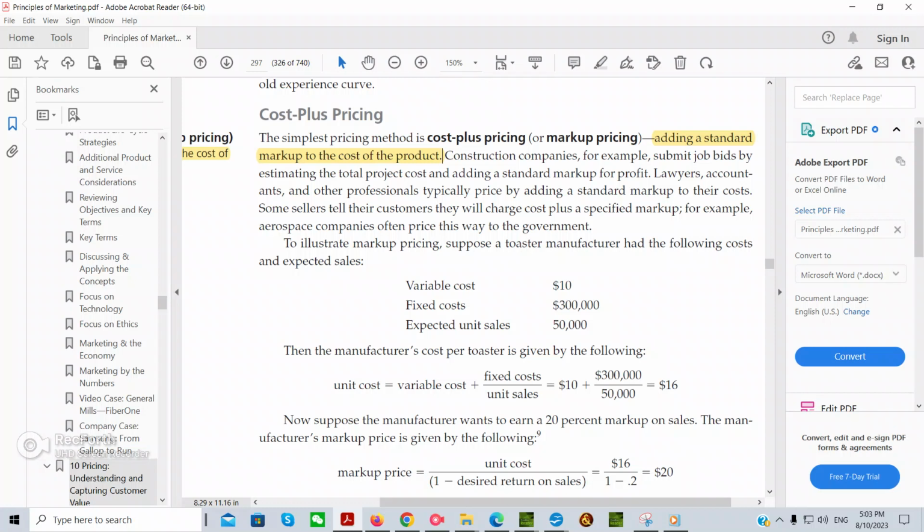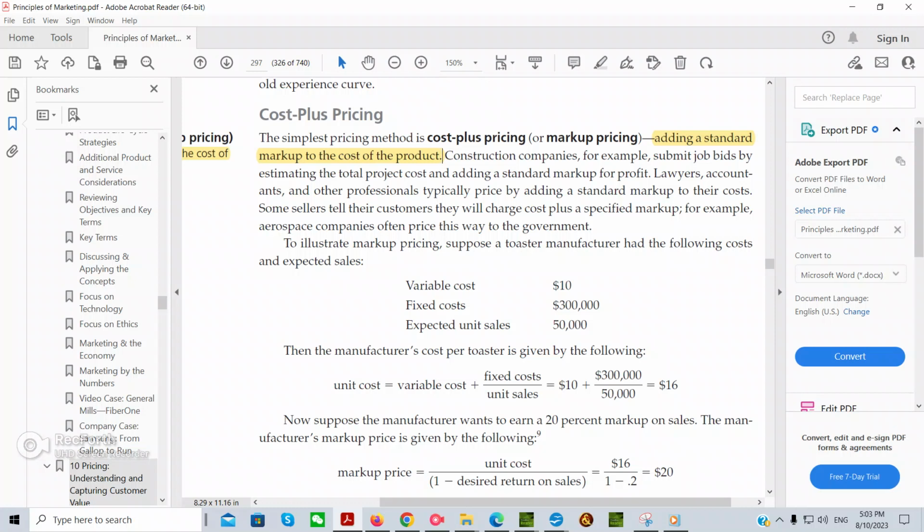So total cost is your variable plus your fixed. That's one category. The other one is your revenue, which is the unit price times the sales. That gives me my revenue. Profit, as I said before, is the revenue minus the costs.